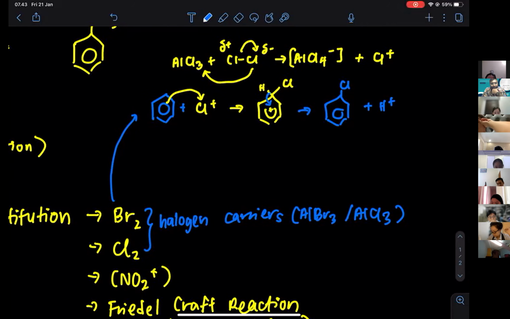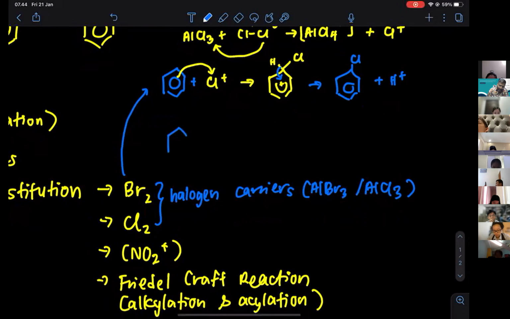The same thing applies if you have methyl benzene. Please remember, if you are going to bring in the halogen, the methyl group is going to activate positions 2, 4, and 6. So if I have methyl benzene, CH3, and I react it with Br2, what do I expect?